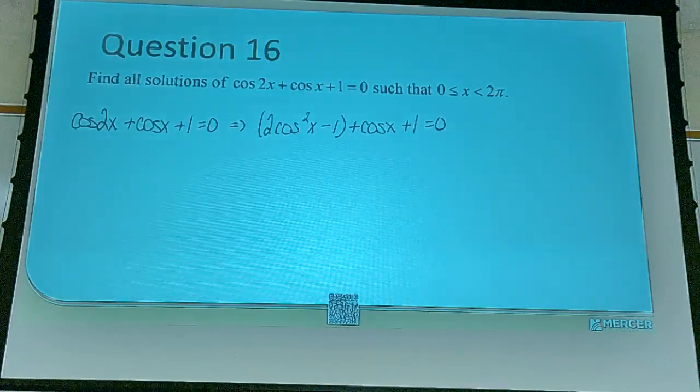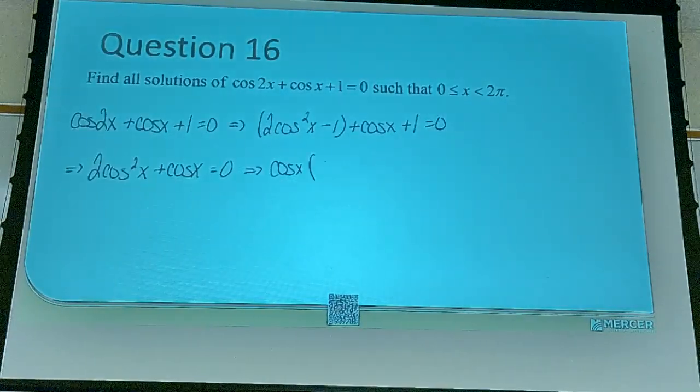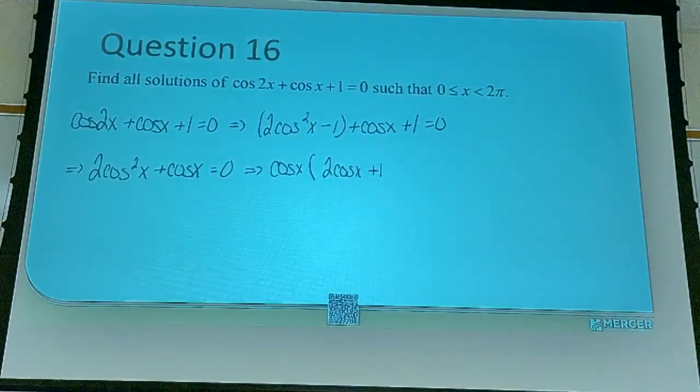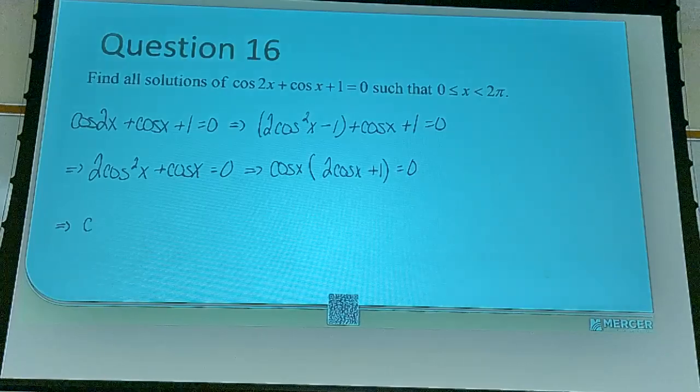Oh, I love this one. That's going to leave us with 2 cosine squared plus cosine is equal to 0. Factor out cosine. Use the 0 property. Cosine is 0, or cosine is negative 1/2.